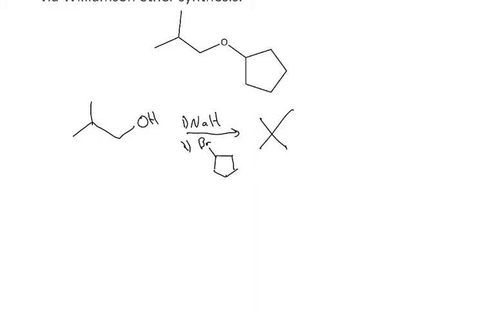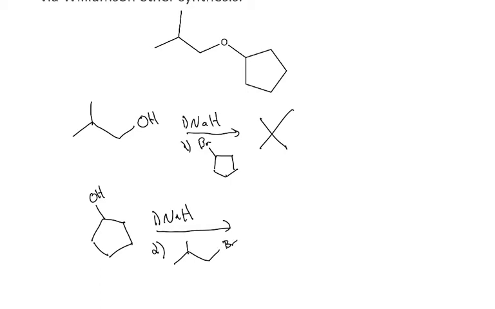Instead, if I get the alcohol from this, then I'll react that with NaH, and the alkyl halide would be that. This now is a primary alkyl halide, and so that will prefer substitution, and so that will give me my desired product.